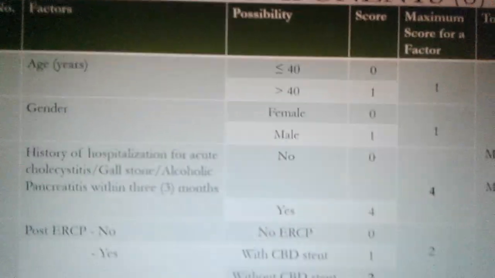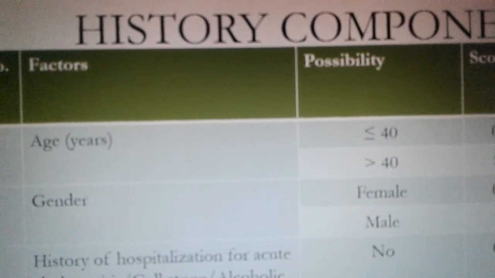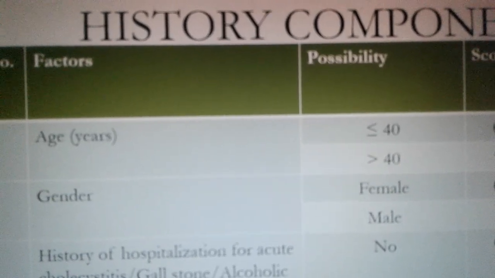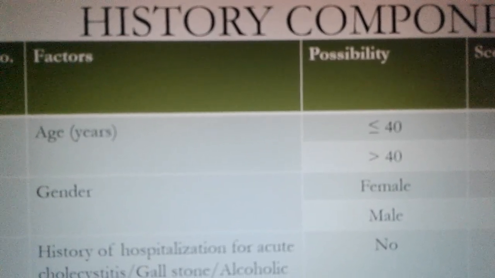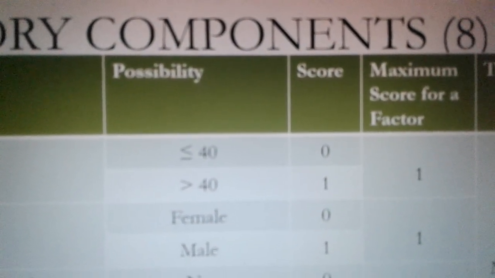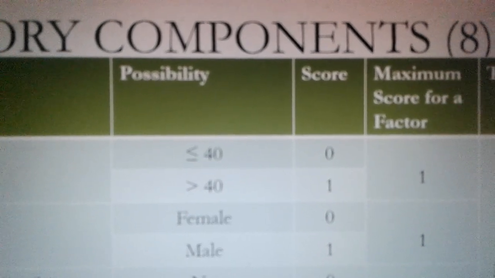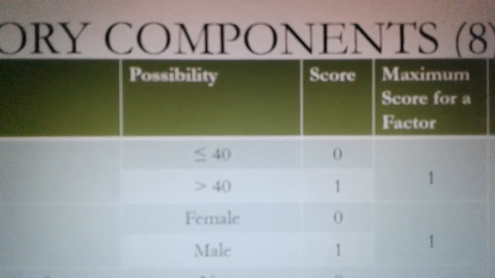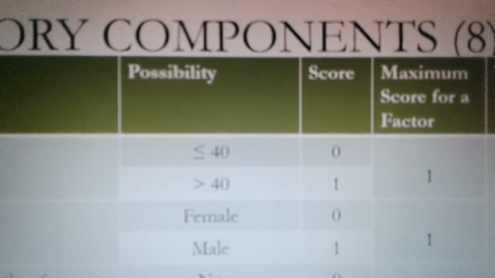What could be the possibility in age, in years? Either the patient is less than or equal to 40 years of age or more than 40. If less than or equal to 40, the score allotted is 0. If more than 40, score allotted is 1.